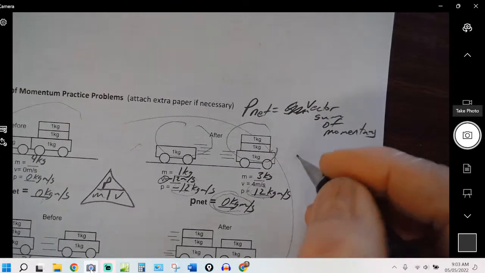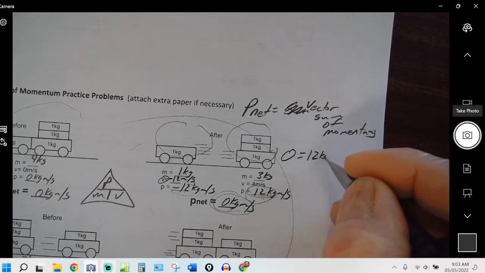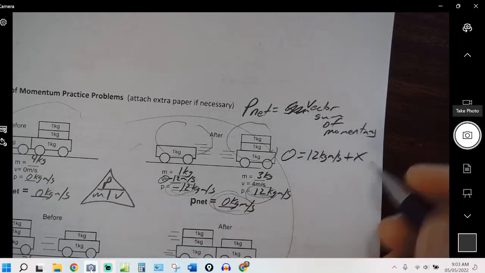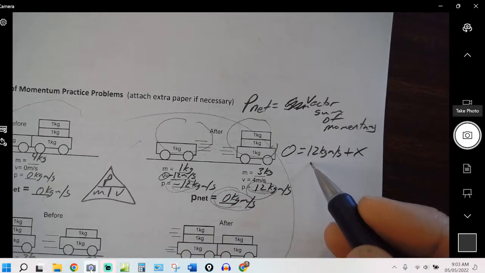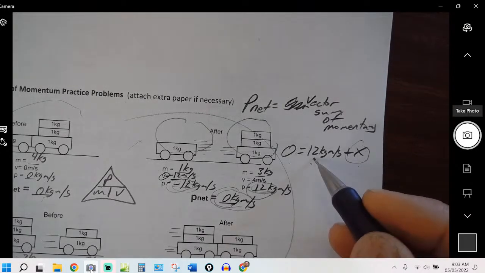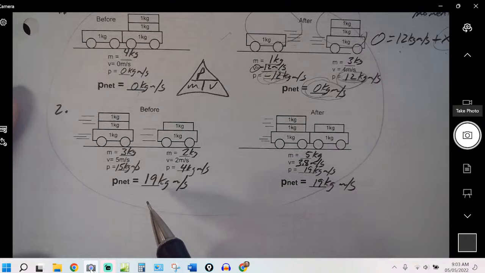So the net momentum is 0, and this one is 12 kilogram meters per second, and this one I'll just call x. So I've basically got 0 equals 12 plus x. And if I'm solving for x, I just subtract 12 from both sides, I get negative 12 equals x. So it's that.